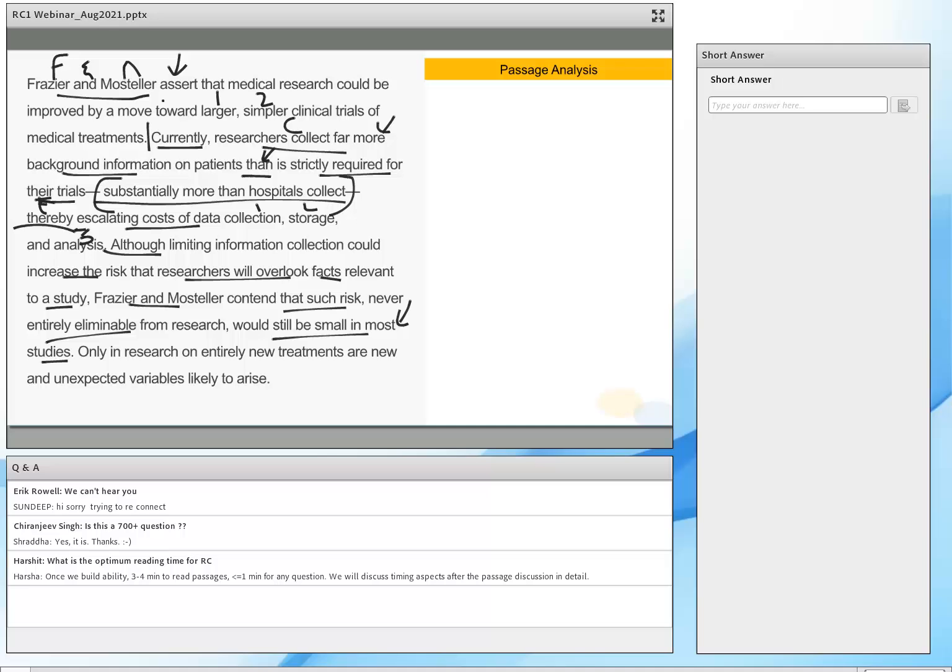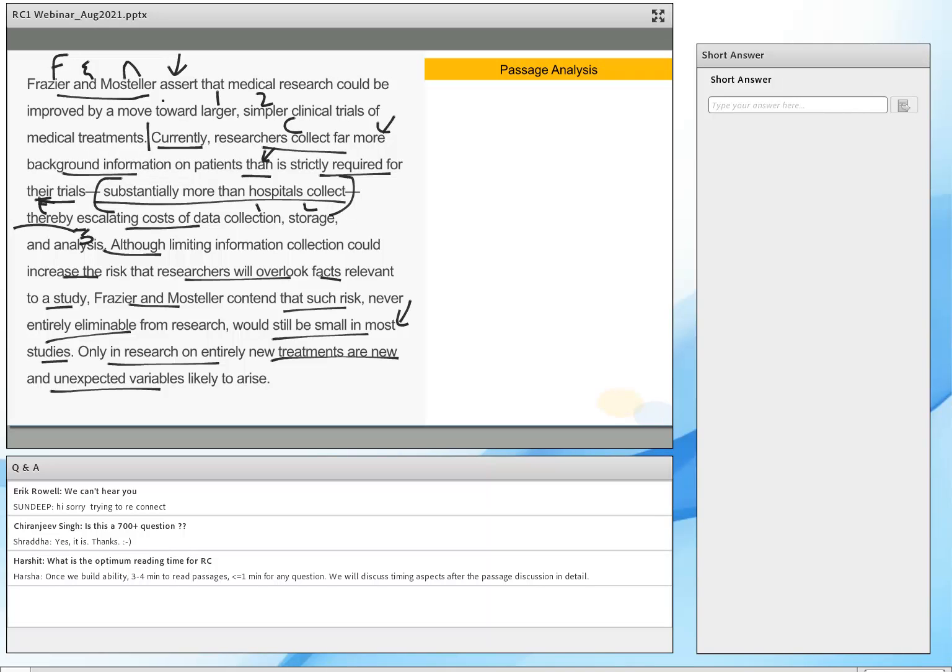Then they substantiate their point by saying that only in research on entirely new treatments are unexpected variables likely to arise. So F&M say that if there is a particular disease that has never been researched before, for example, coronavirus, probably not researched before, and clinical trials need to be done on it, then if it is absolutely new, incorporate a lot of data.